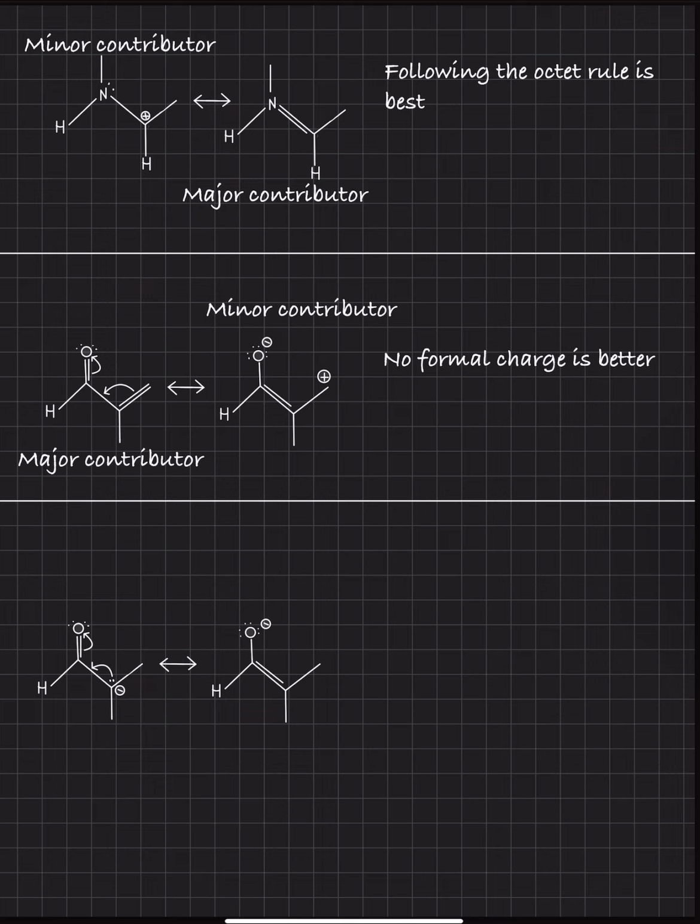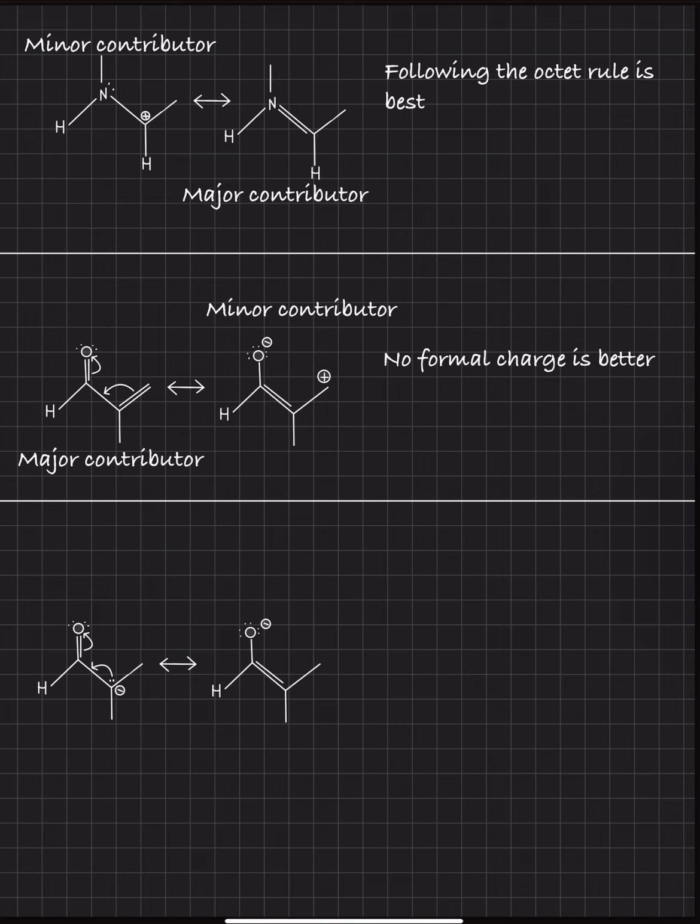If we had a separate example and you had a carbon having the positive charge and an oxygen holding the positive charge in resonance, carbon with the positive charge would be better. Why? Because carbon is more electropositive. So in simple terms, the negative charge is better on the more electronegative element.